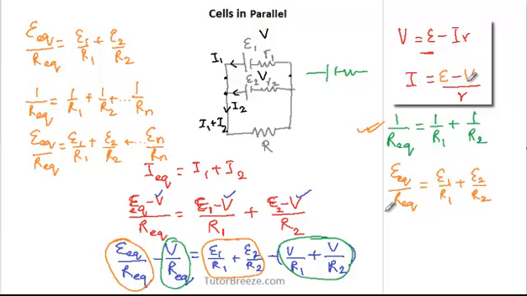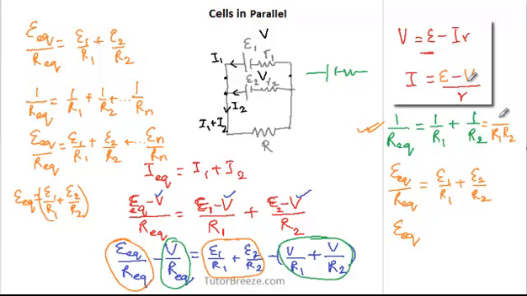If you want to write simply the equivalent EMF and you want to get rid of this term over here, then we could write E equivalent as, this is R equivalent times this term, so which would be E1 over R1 plus E2 over R2 times R equivalent, which is, if you have to take the reciprocal after you've taken the LCM for these two terms.